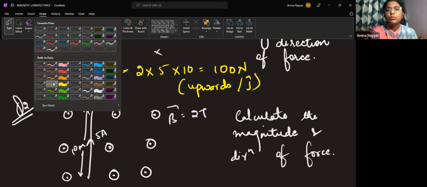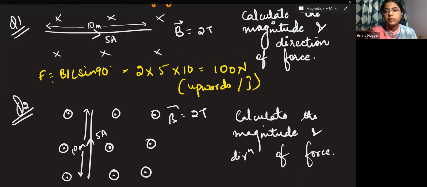So only one student has tried. Others are responding. Sarah, Akifa, okay, fine, good. Yes, 100 Newton i cap is the correct answer, right? So 3 students have answered: Atif, Akifa, and Sarah. See, magnitude will remain the same. You need not calculate the magnitude again.